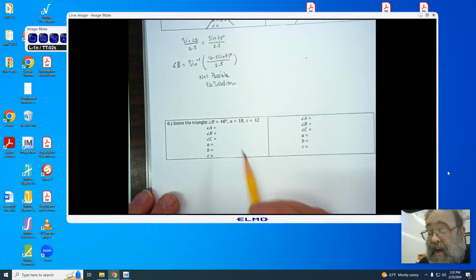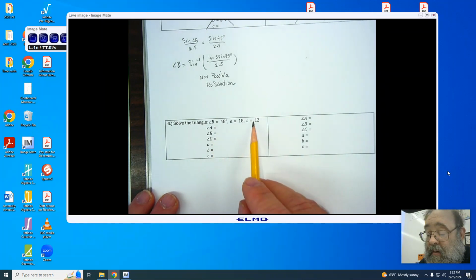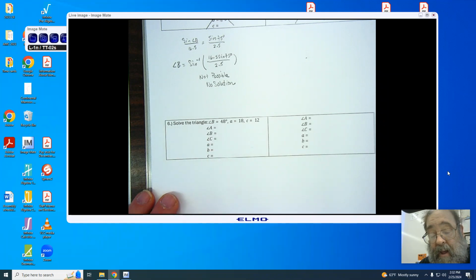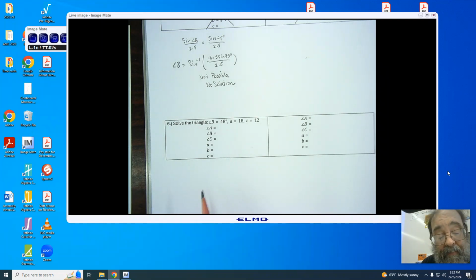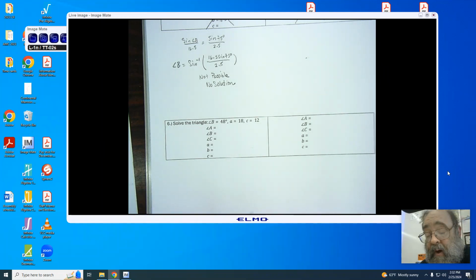Now you notice this next question has a side A, C, and angle B. This is our angle side angle, or side angle side, excuse me, and this requires the law of cosine.